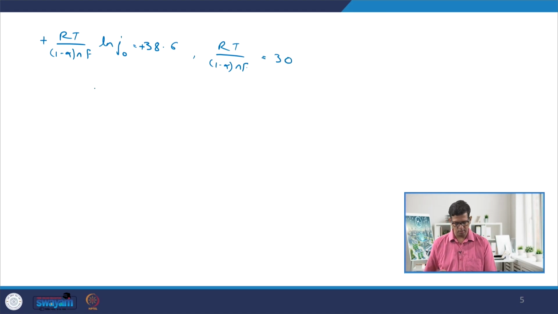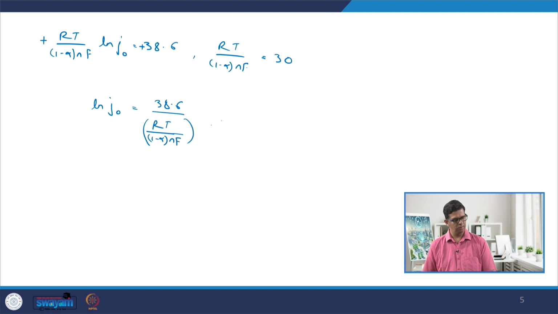So let us go ahead and find out the exchange current density. In other words, this ln j naught is equal to 38.6 divided by this RT by (1 minus alpha) nF, which we have found out from the equation as 30.